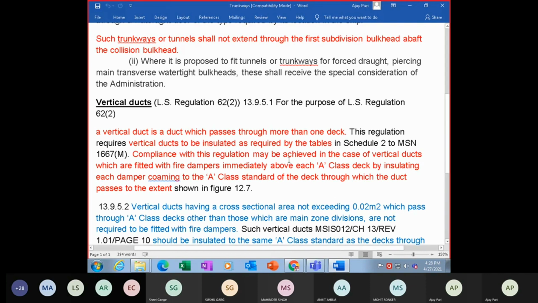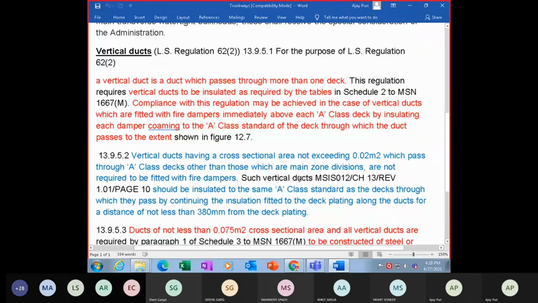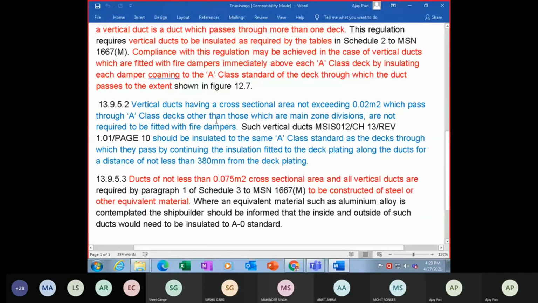Compliance with the requirement should be as per: fitted with fire dampers immediately above each A-class deck, by insulating each damper to A-class standards of the deck through which this duct will pass. So a vertical duct having a cross-sectional area not exceeding 0.02 square meters which passes through an A-class deck, other than those which are through main zones, is not required to be fitted with fire dampers.